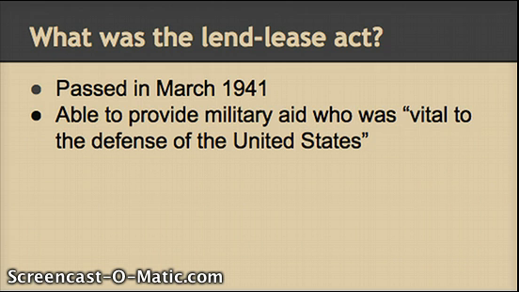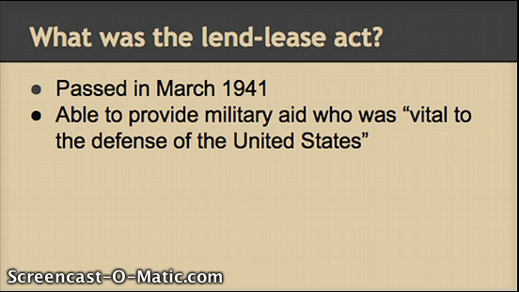I discussed the Lend-Lease Act a little bit in the previous slide, but to provide some more information on it, it was an agreement between Winston Churchill and FDR, and when the American public first heard of it, they were not very happy with it because we were still kind of in our isolationist phase. However, Roosevelt compared it to loaning a hose to a neighbor whose house was on fire.